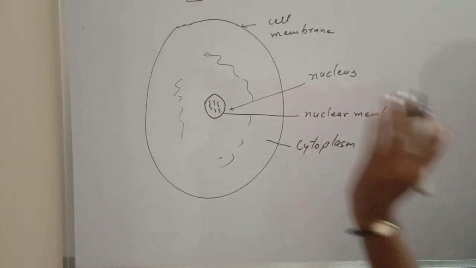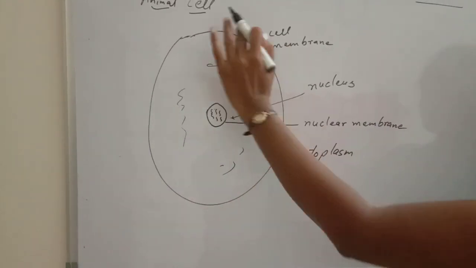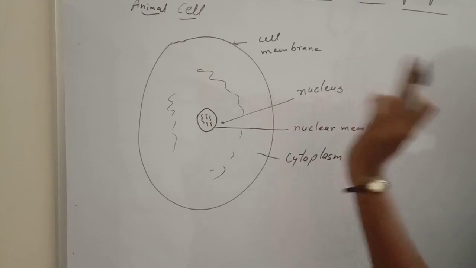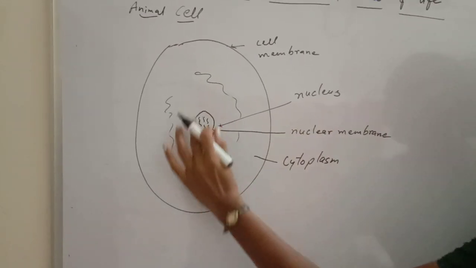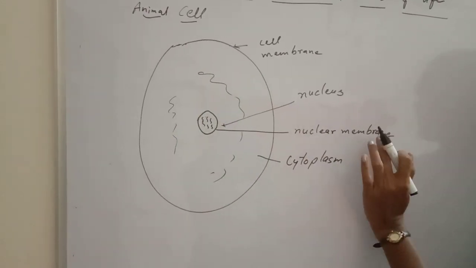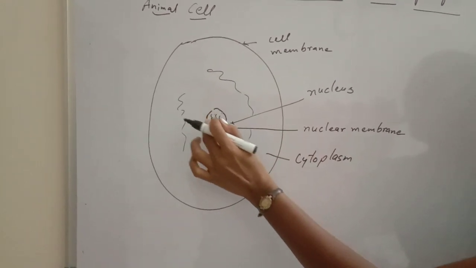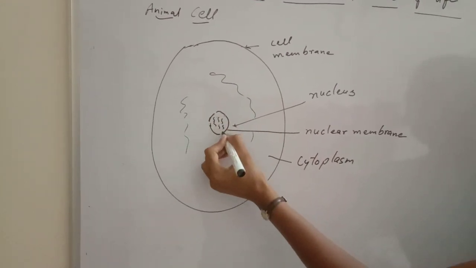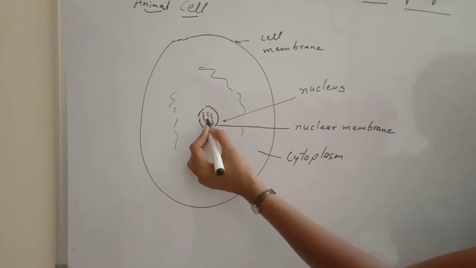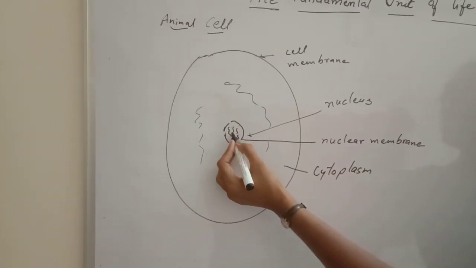Okay, now see here. The membrane of the cell is called the cell membrane or plasma membrane. The membrane of the nucleus is called the nuclear membrane, and it is double layered, and there are some pores. And inside that there are chromosomes.